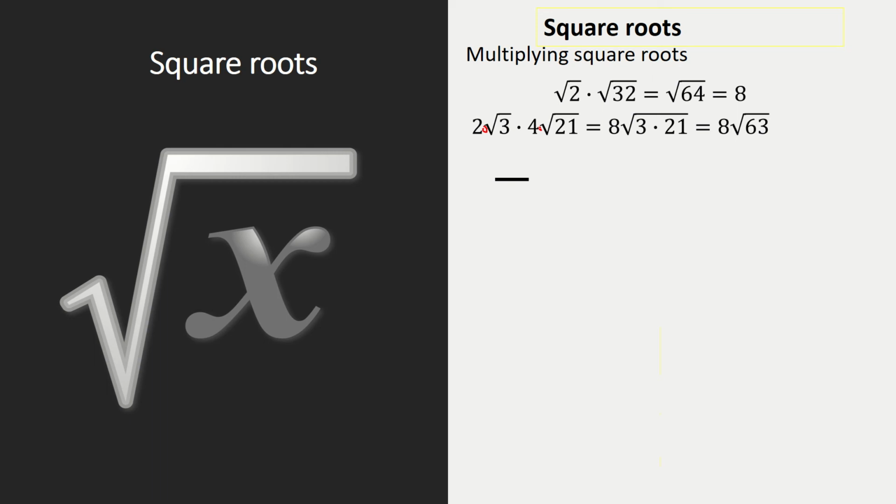We're not done yet, since we can simplify, so split up our square root of 63. In order to do that, you need to remember the following.